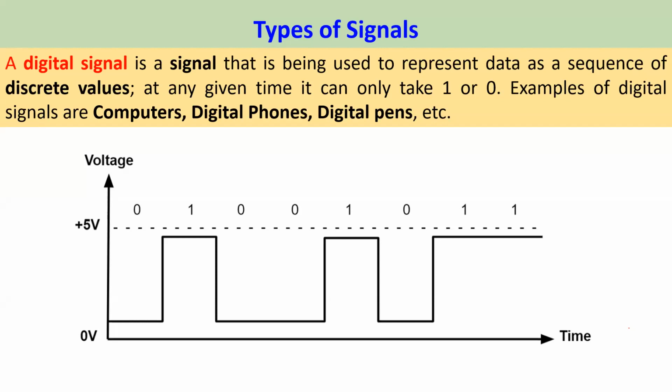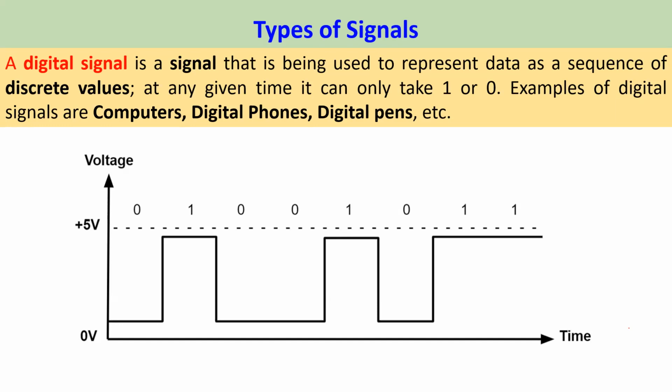Here it says a digital signal is a signal used to represent data as a sequence of discrete values. Discrete means immediately jumping from one state to another, with no time difference between these jumps. The opposite of continuous is discrete.